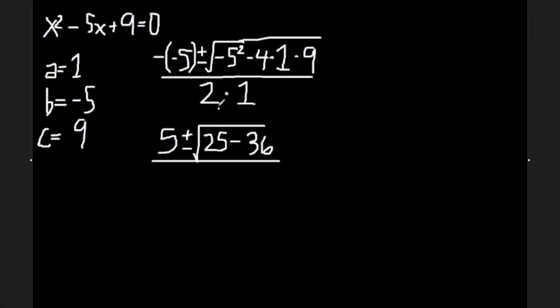So that's 2 times 1 is equal to 2. So now we just have to subtract 25 and 36. 25 minus 36 is equal to negative 11.